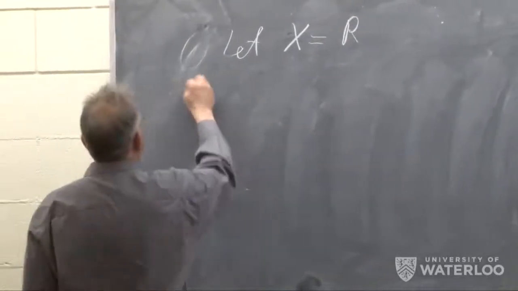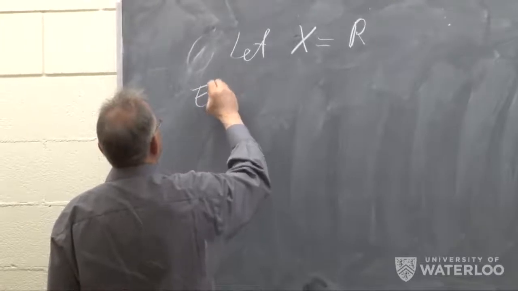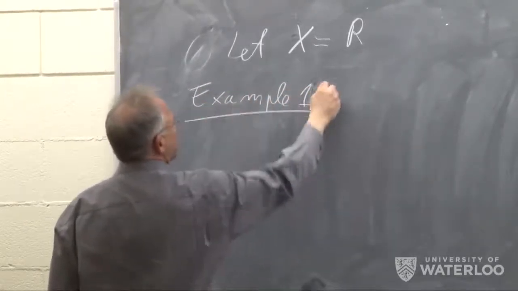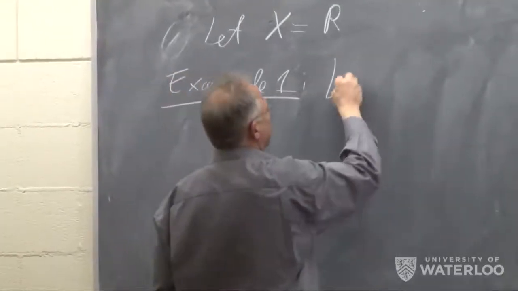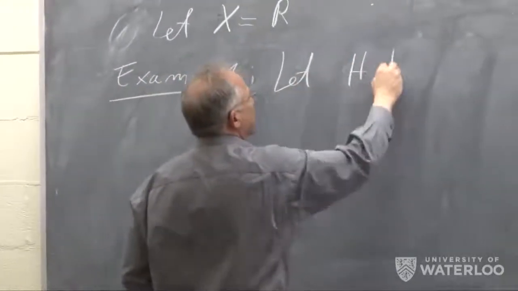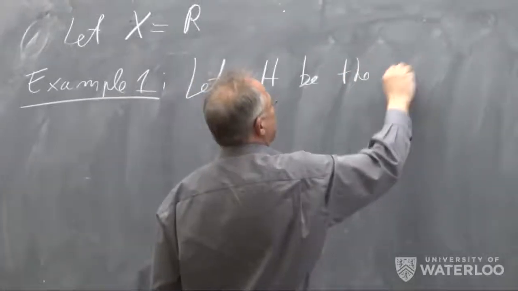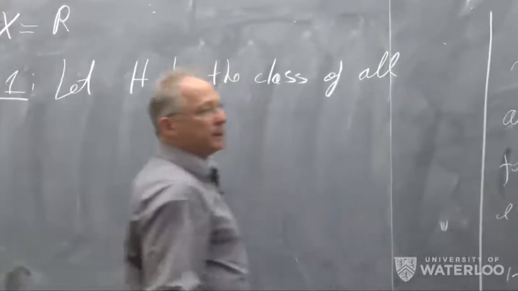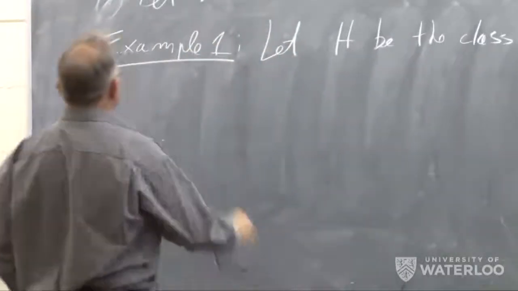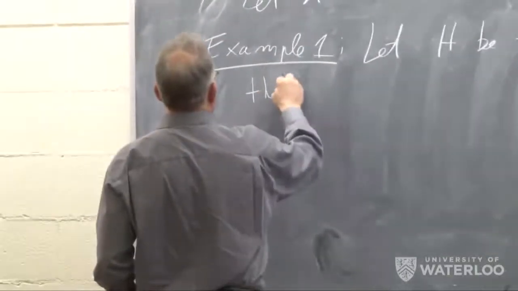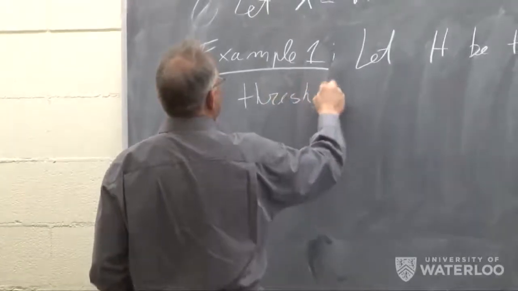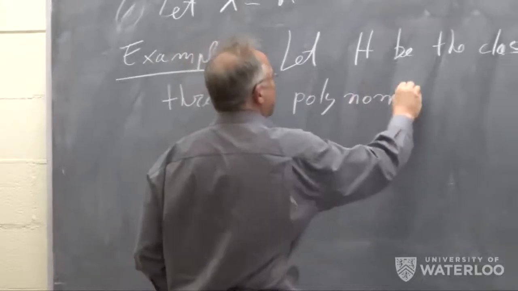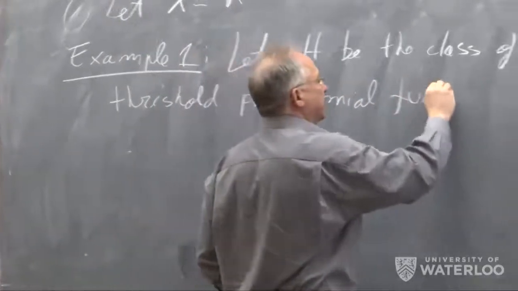Now, in example 1, let H be the class of all threshold polynomial functions.